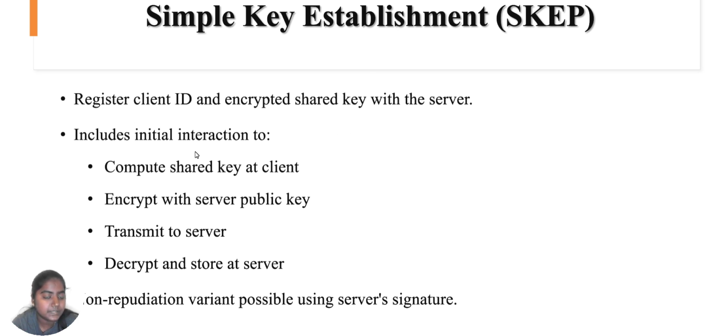This generally includes interaction with the shared key at the client and the server public key, and the key which is generated at the client will be transmitted to the server, then decrypted and stored at the server. So this helps in interaction between the client and server, which is also the extended relationship. We can also see that a non-repudiation variant is possible using the server signature. So using the server signature, we can also provide authenticated receipts to the user.